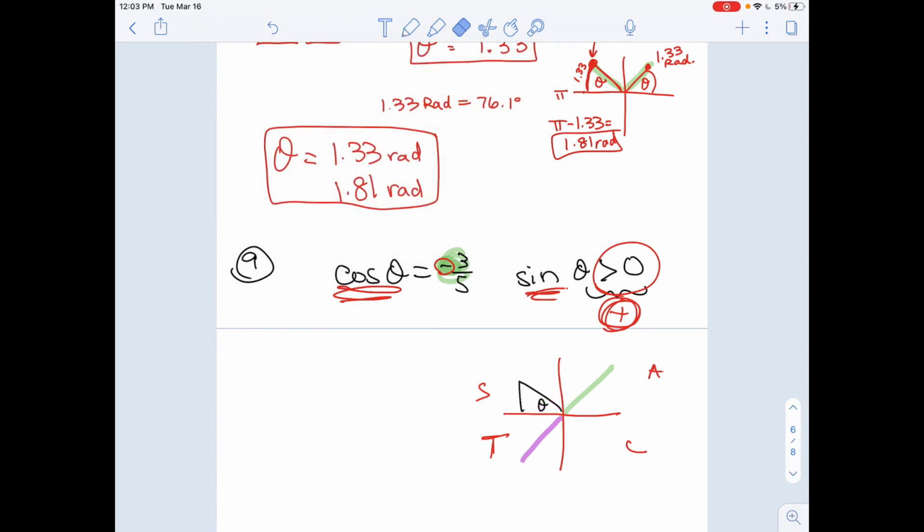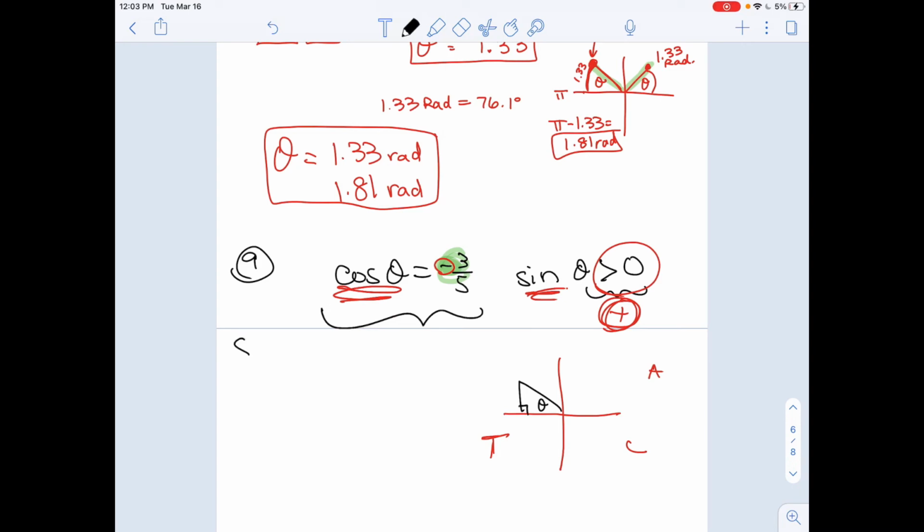So now that I have that, I'm going to kind of clean it up and give myself some room to work. So now that I know this is where theta is, we're going to go ahead and use the information they've given us to label all these things.